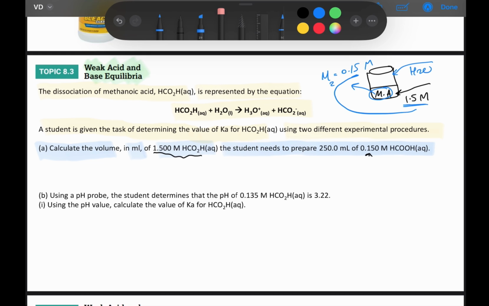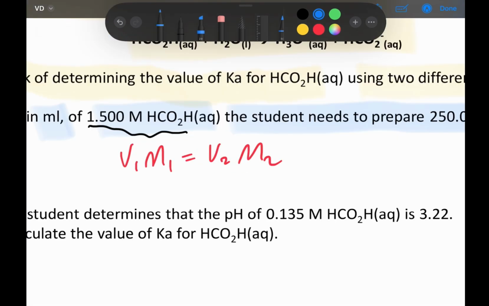How can I solve this question? First of all, you have to apply the dilution formula, V1 M1 equals V2 M2. The initial volume is unknown. I don't know how much I should take, so it remains unknown for me. And this is the concentrated form of the methanoic acid.